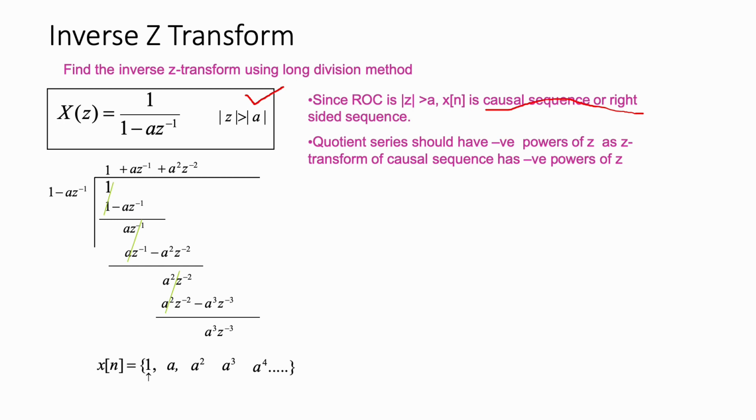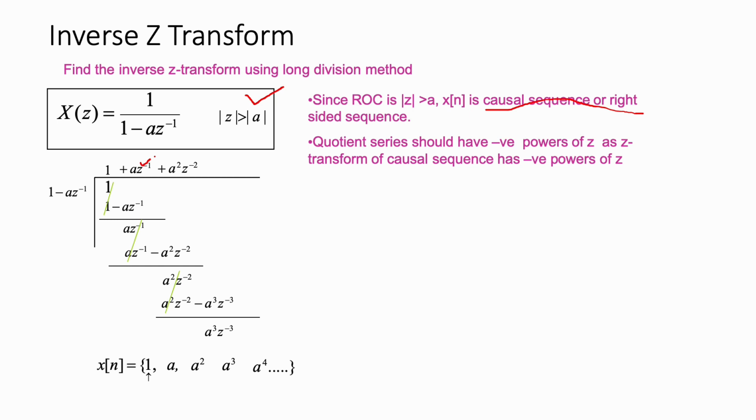Then again you put, to cancel the first term, whatever the first term you have, that you get from the second term here. If this is plus, it means plus a z inverse. Now you multiply this a z inverse with this value. A z inverse into 1 minus a z inverse gives a z inverse minus a square z power minus 2. The first term gets cancelled.